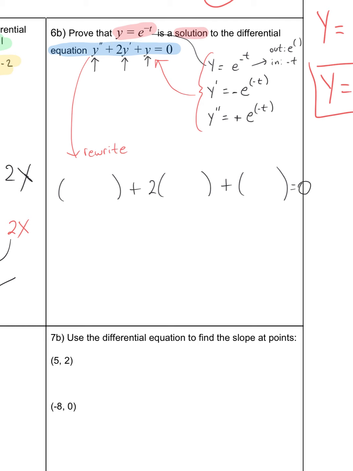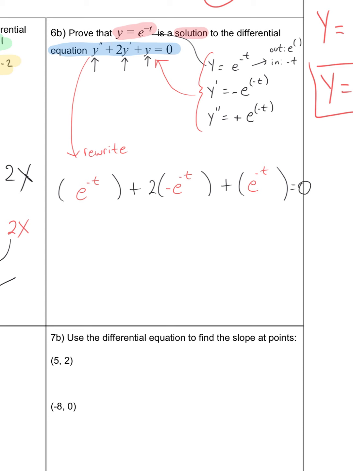Now I plug in. Right here is y double prime. I'm going to plug in this, so that becomes e to the negative t. Now here, after the 2, I'm going to plug in y prime. So that goes here: negative e to the negative t. And then last but not least, y goes right here, and y is e to the negative t.